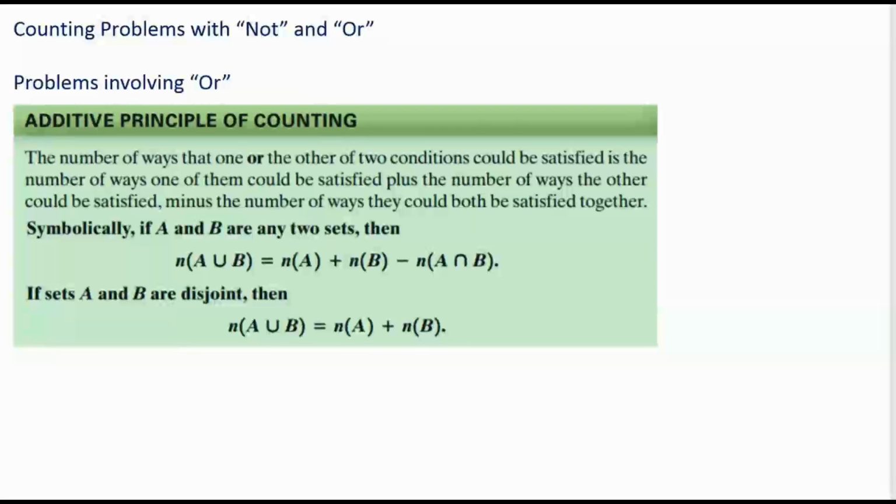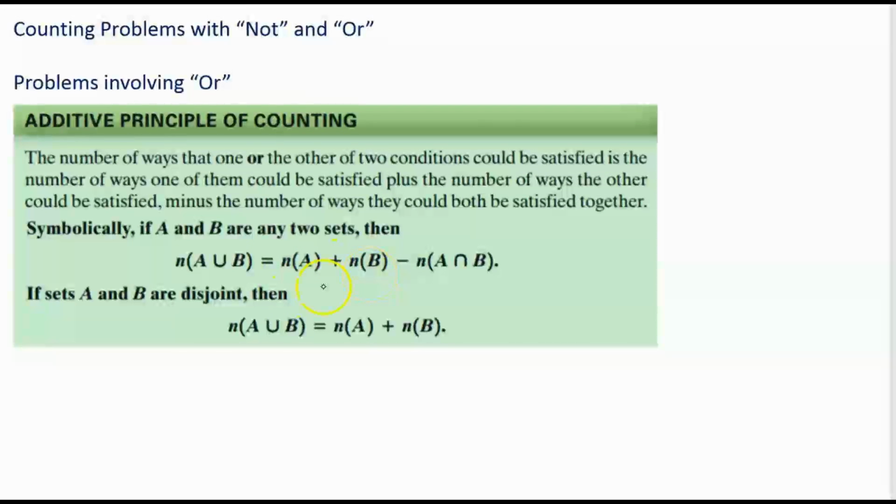The number of ways that one or the other of two conditions could be satisfied is the number of ways one of them could be satisfied plus the number of ways the other could be satisfied minus the number of ways they could both be satisfied together. And really what's going on here, and it might be really obvious, is you add the two different things together.